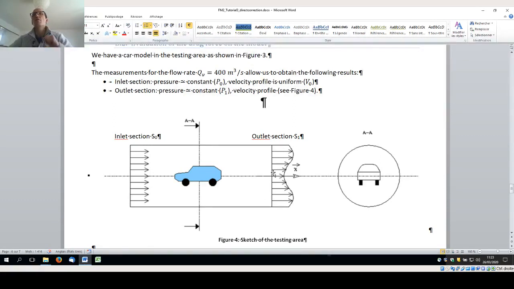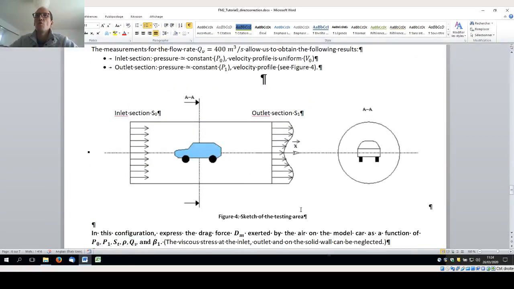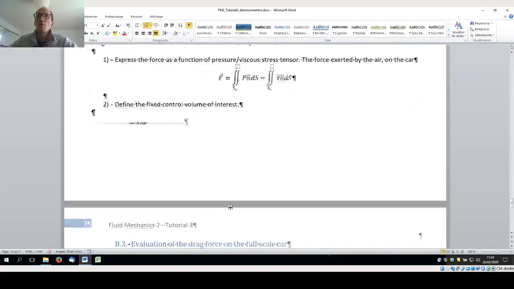It's pretty straightforward to use as control volume the whole volume of fluid which is between inlet section and outlet section, delimited by the lateral sections, which is a circular section like this, and the surface of the car. So this is the volume sketched in figure 4 here.